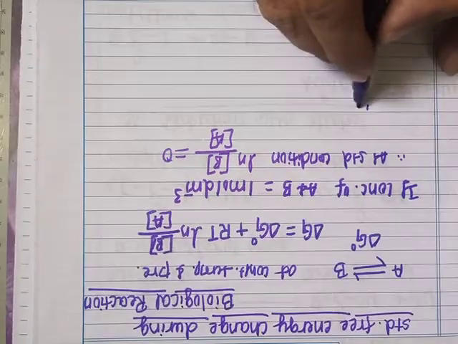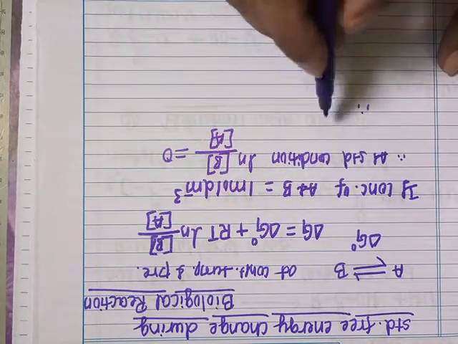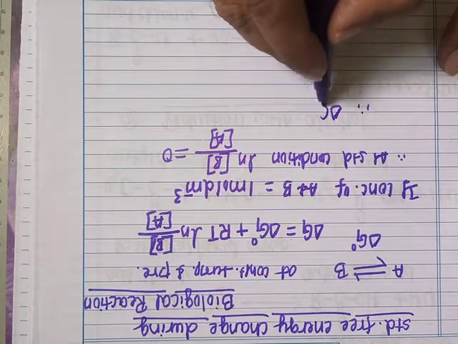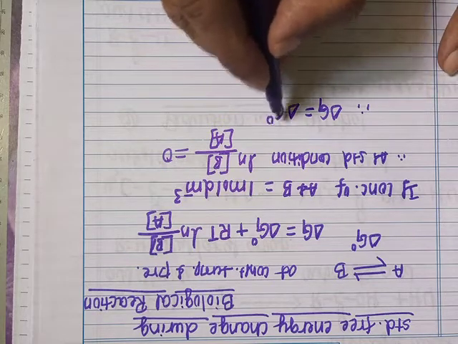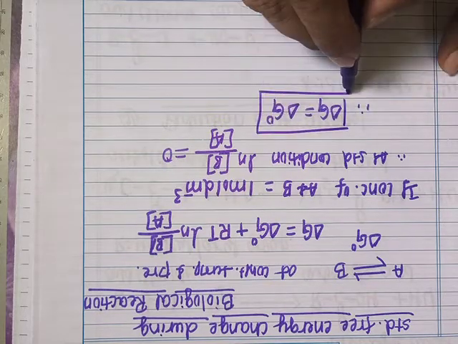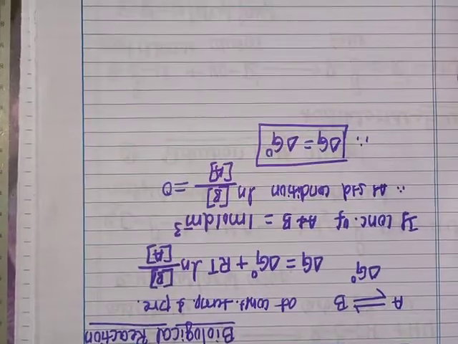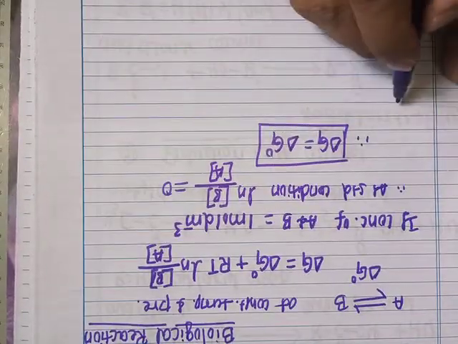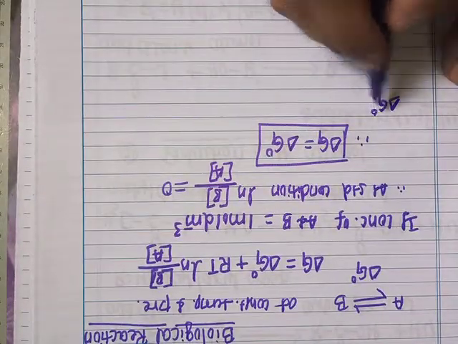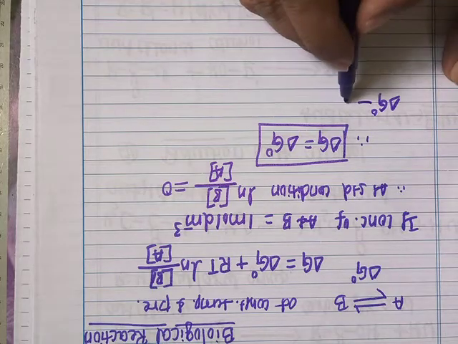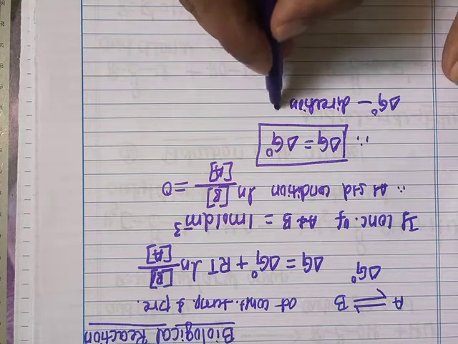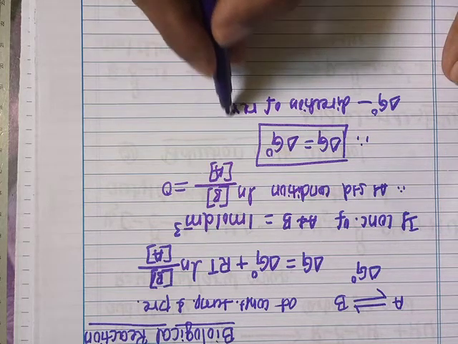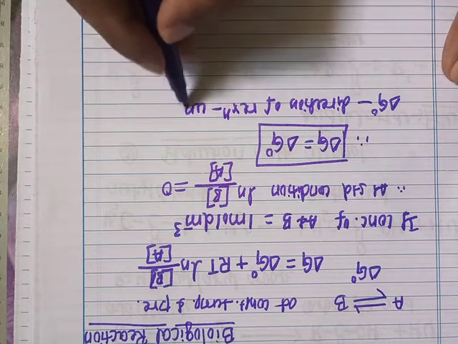So this equation becomes delta G is equal to delta G naught. So this delta G naught represents the direction of reaction under standard conditions.